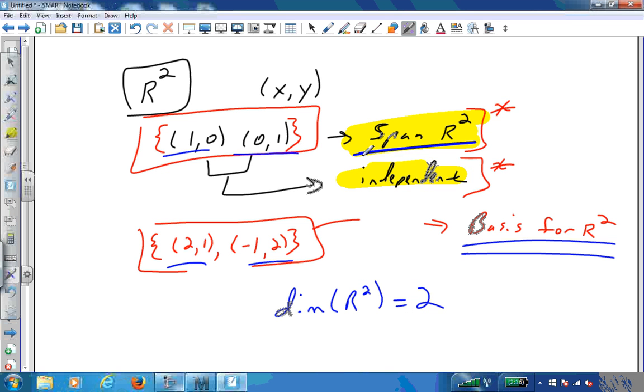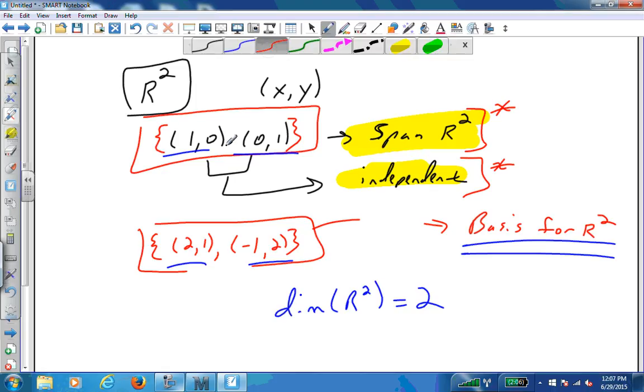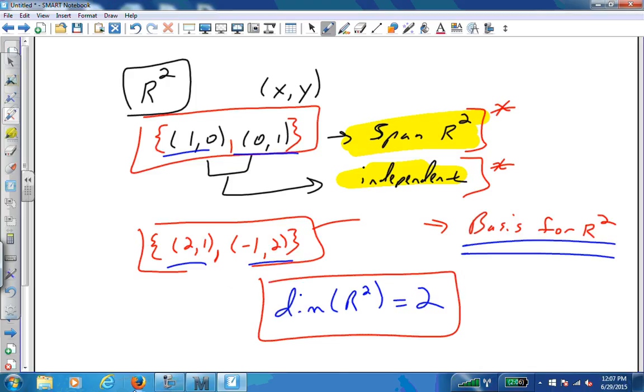Taking one away makes it not span. So no matter which particular basis we use, the basis will always have the same number of elements in it. So the dimension is just a way of quantifying how many elements it takes to form a basis for that particular vector space. So for R2, it takes 2.